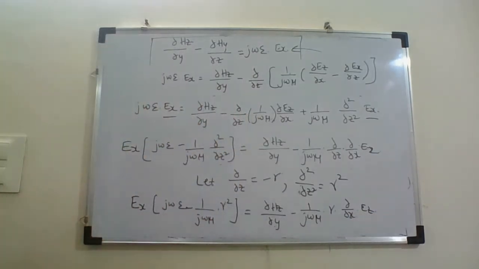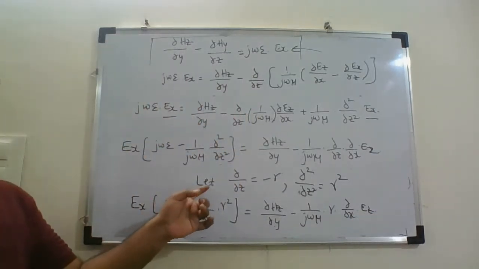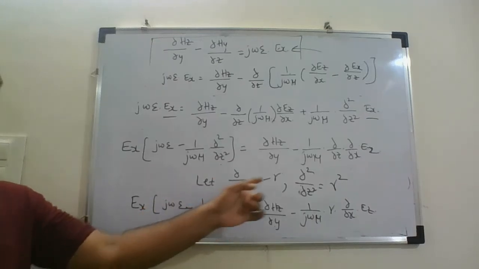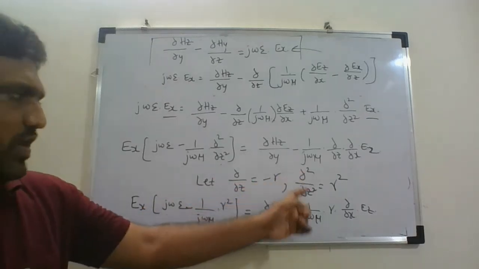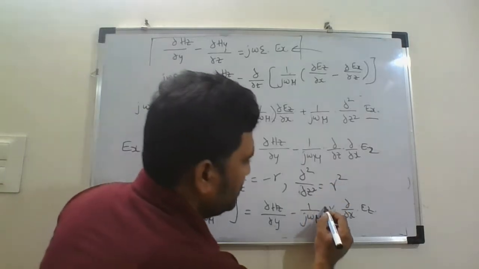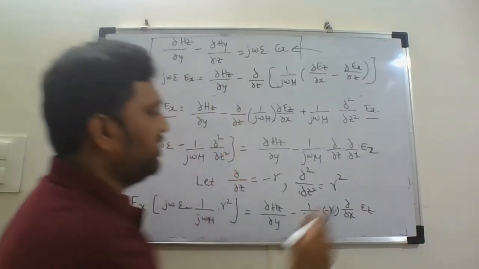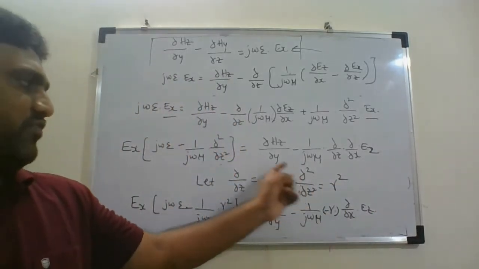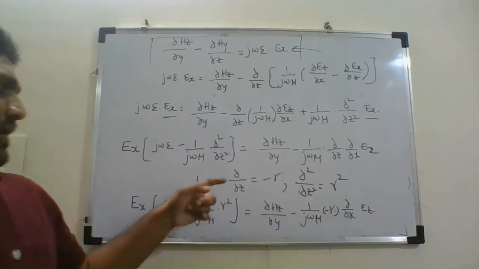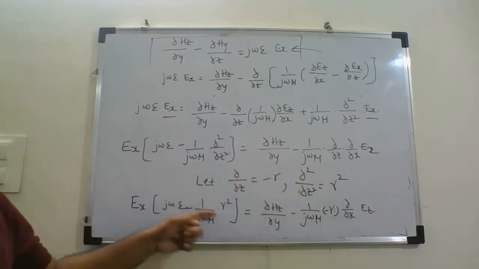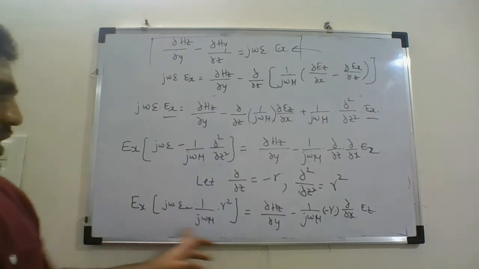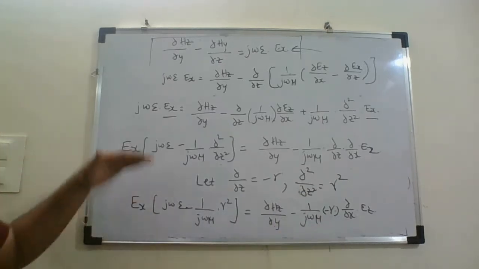Clear with this? What we are doing is substituting dou by dou z as minus gamma and dou square by dou z square as gamma square. Instead of dou by dou z I write minus gamma, and instead of dou square by dou z square I write gamma square. So I got this. Clear on this point?